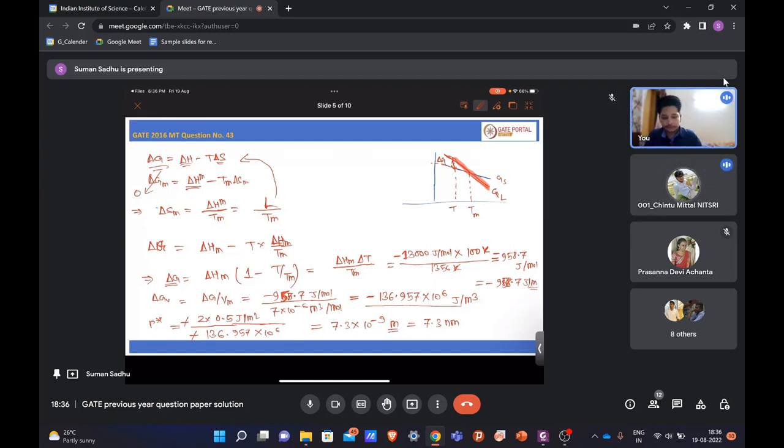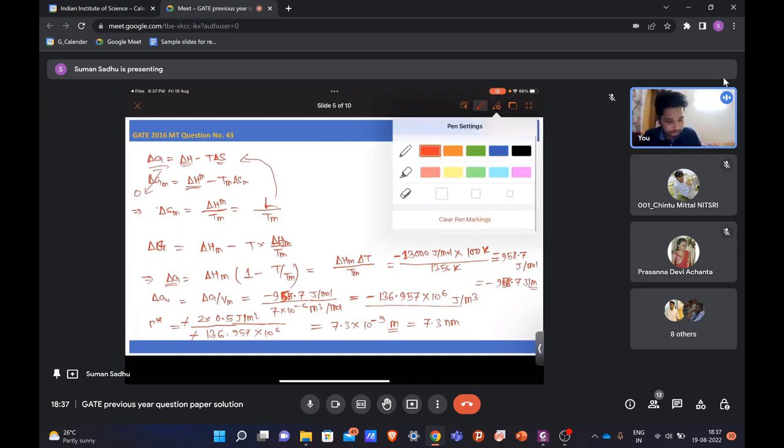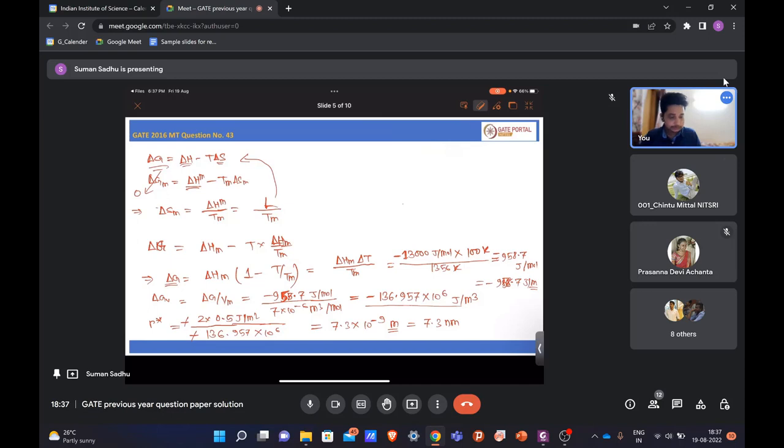Basically, there is an assumption that this free energy line I have drawn, right? Okay, let's draw again with the trace. For a very small range of temperature, like 100, 200 or 300 kind of, it is assumed that these free energy lines are almost straight lines.